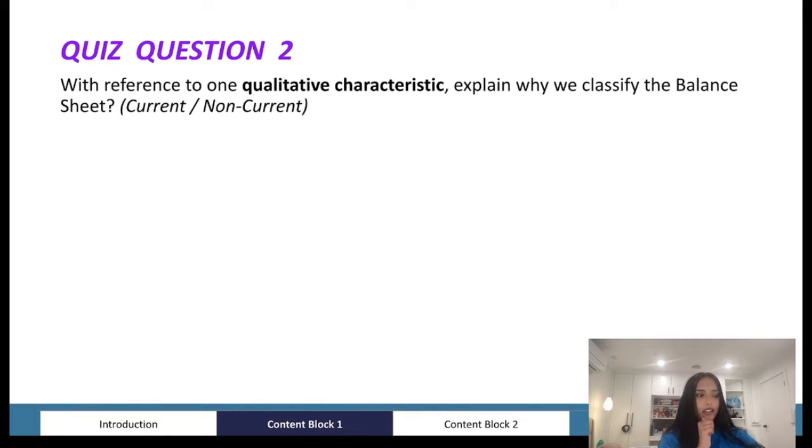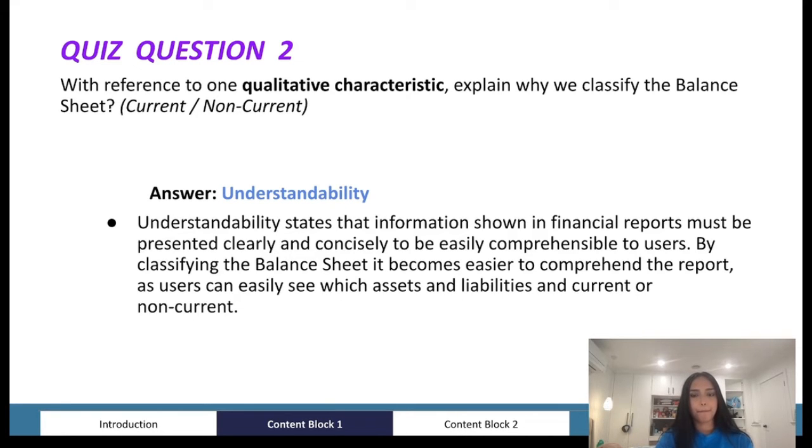Okay, here's our second quiz question. When we classify the balance sheet, which qualitative characteristic is supported? In this case, it's understandability. That might not have been obvious to you immediately, but the reason why is because when we talk about understandability, we want the reports to be presented clearly and concisely so that it's easily understandable to the people that are reading it.